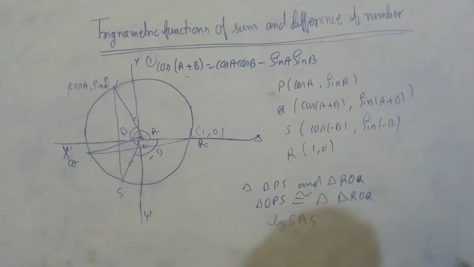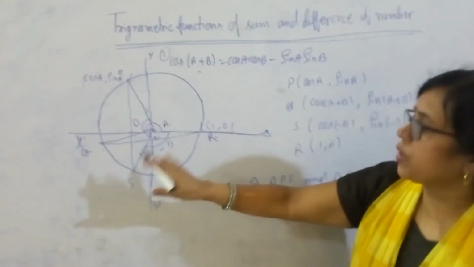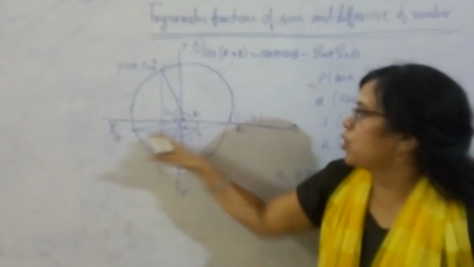Now we will use CPCT: corresponding parts of congruent triangles. PS is equal to QR.